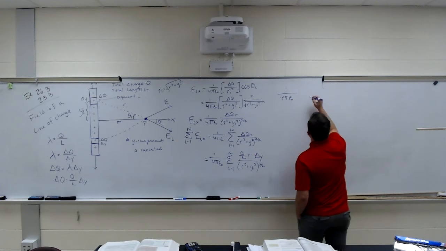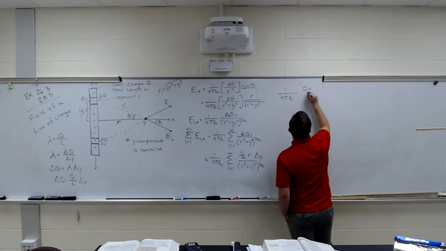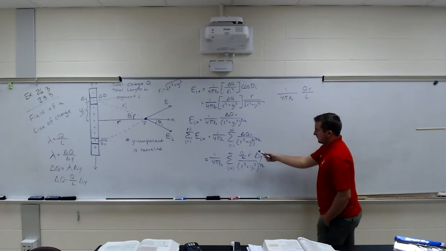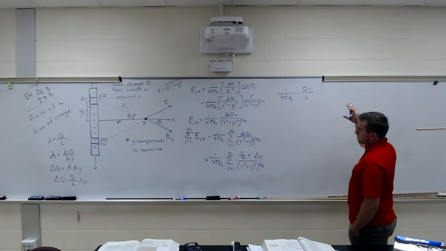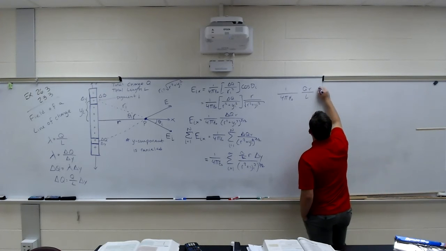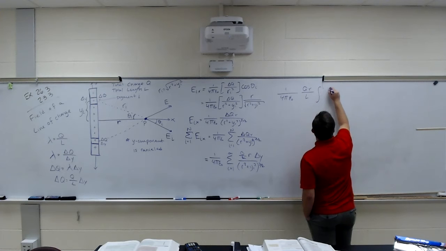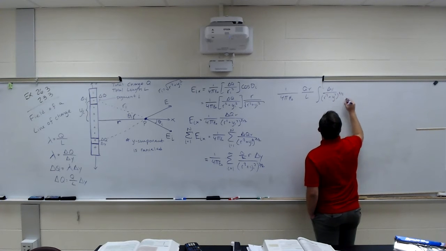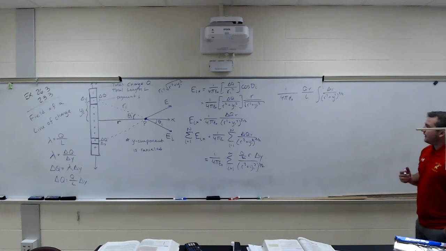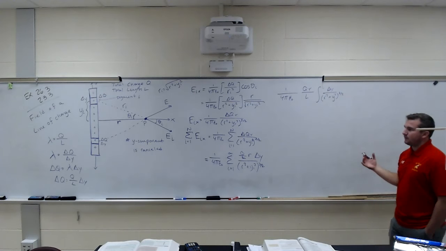I'm going to pull out the q r over L, right, so qr over L, to the front because those are all constants in this case, which will leave me with the integral of delta y over r squared plus y squared to the 3 halves.